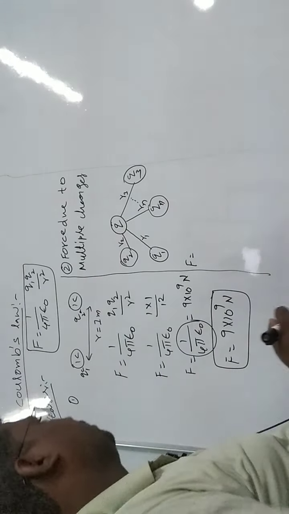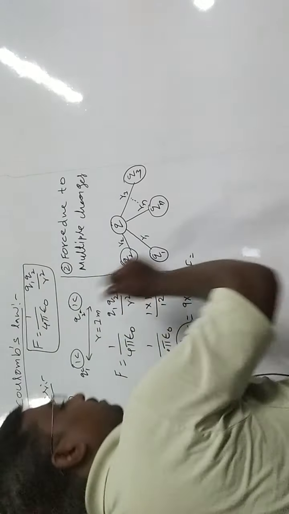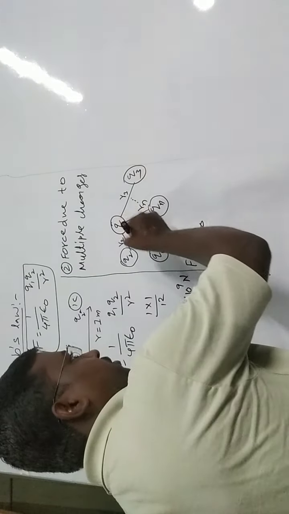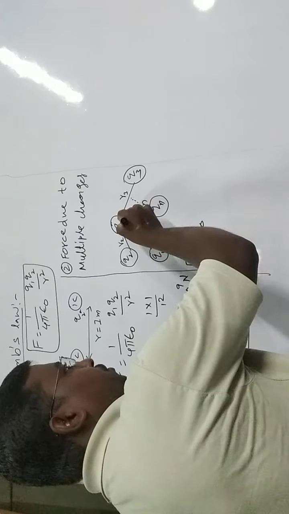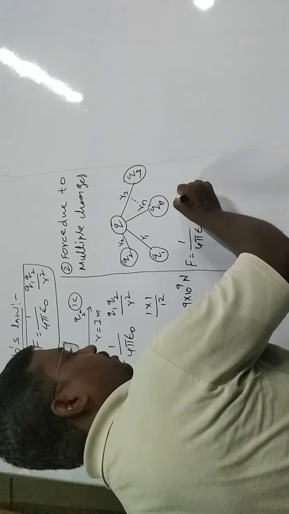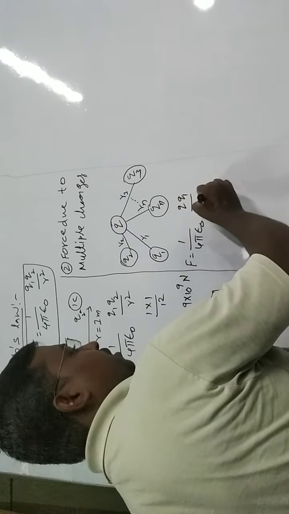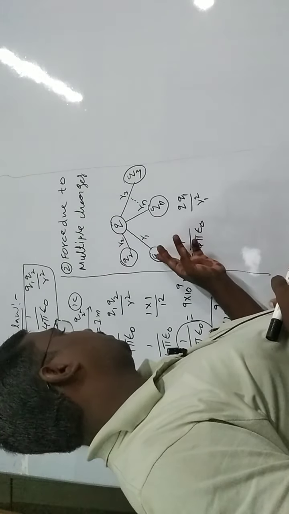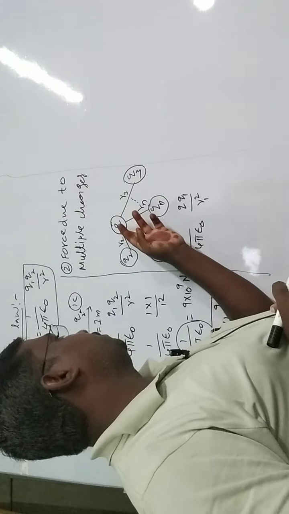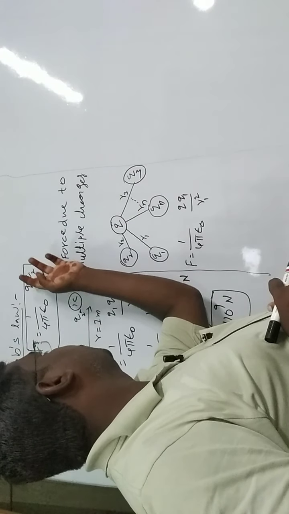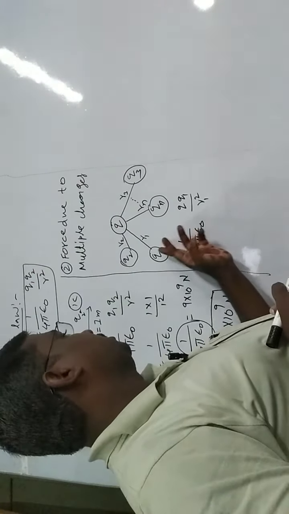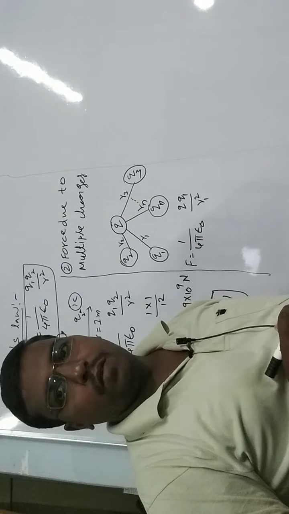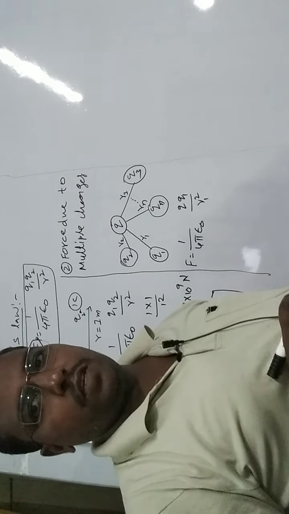So we write the formula 1 by 4 pi epsilon naught for these two charges, Q1 and Q, by R square. So the force between Q1 and Q is Q1 by R1 square. We know that force is always added in vector notation.